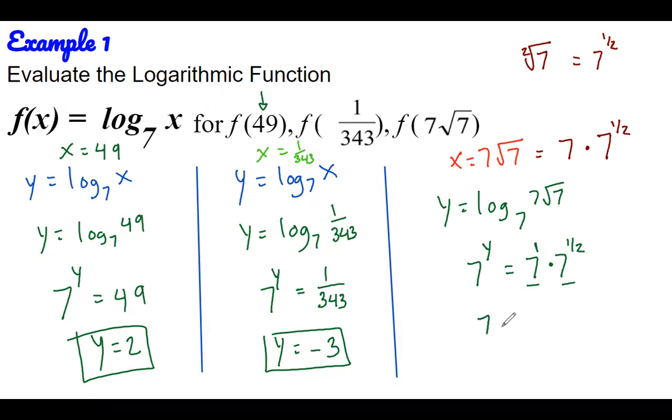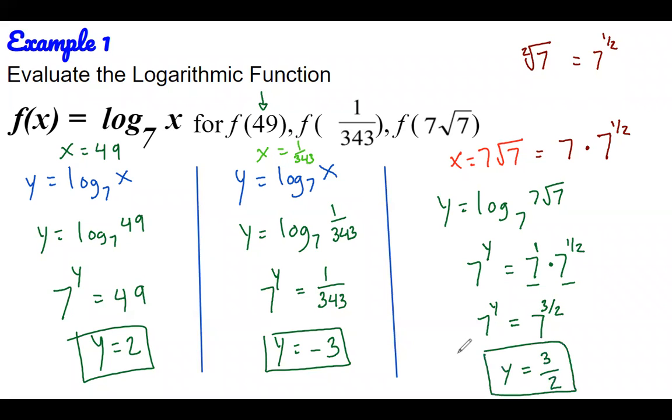So I'm going to write 7 to the power of y equals my same base, and it's going to be 1 plus 1/2. 1 and 1/2, or as an improper fraction, 3 over 2. So what would be my y? y would equal 3 over 2.